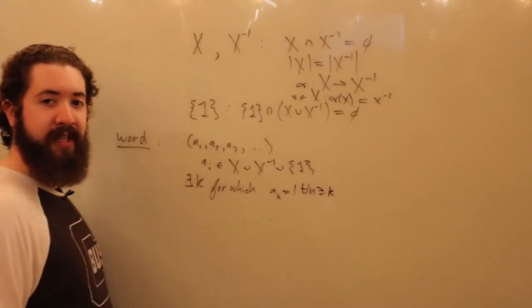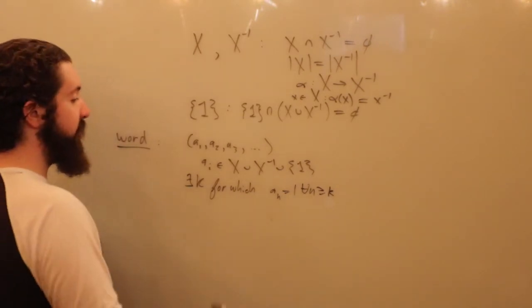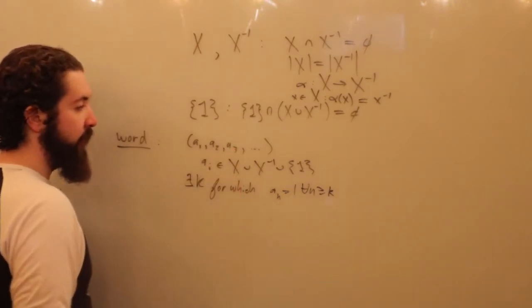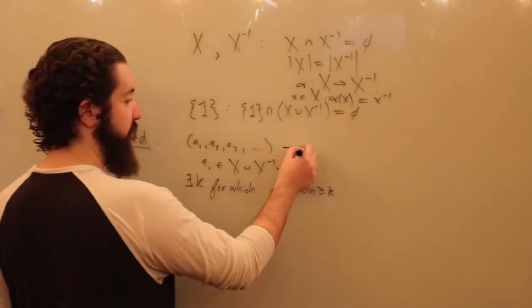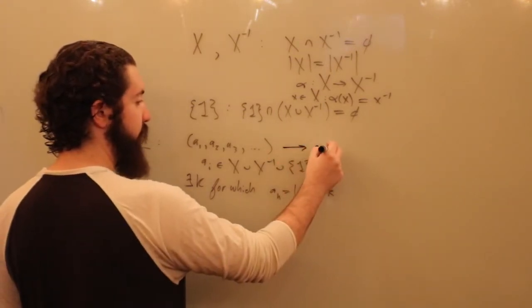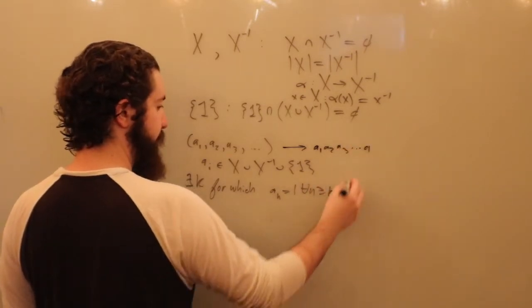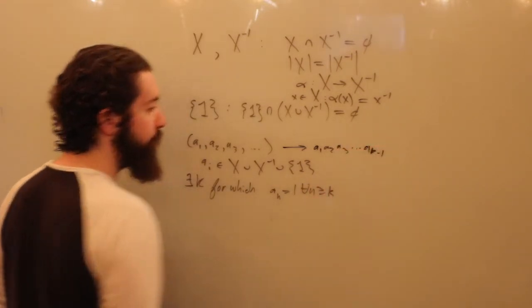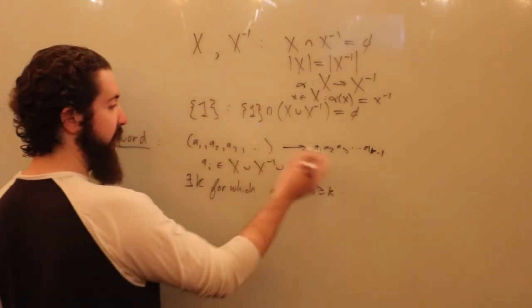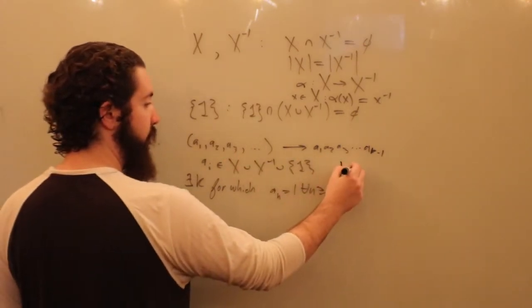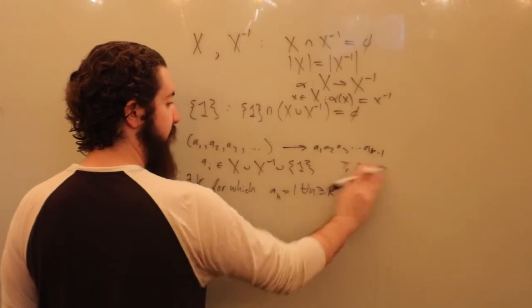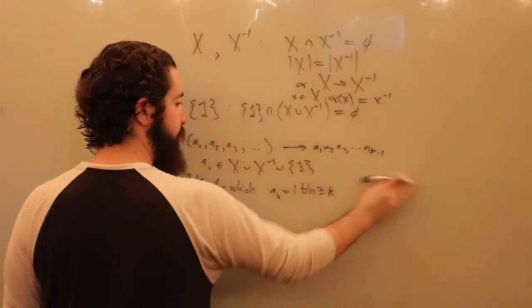In other words, the word terminates. So we're only considering finite words, and in fact we will often write these words simply as A1, A2, A3, all the way up to A sub k minus 1. Right? Because everything after this is just going to be 1, 1, 1, 1, and we're not going to care too much about that.